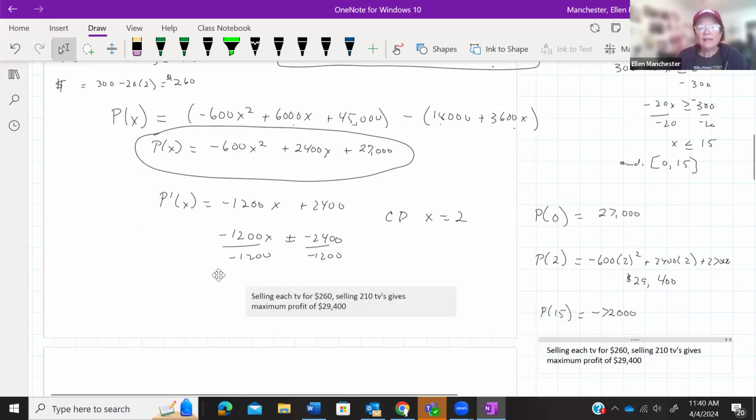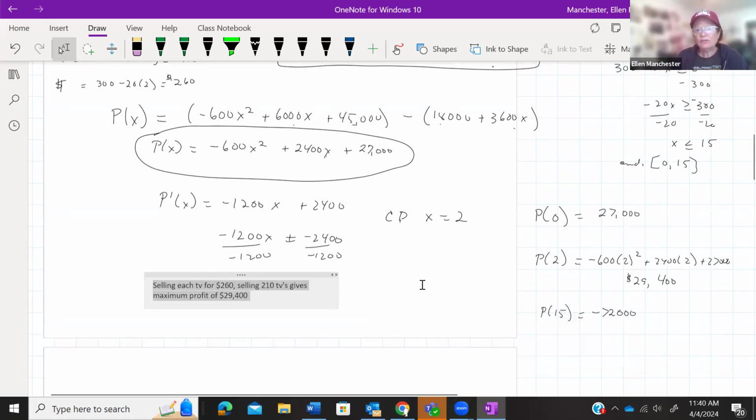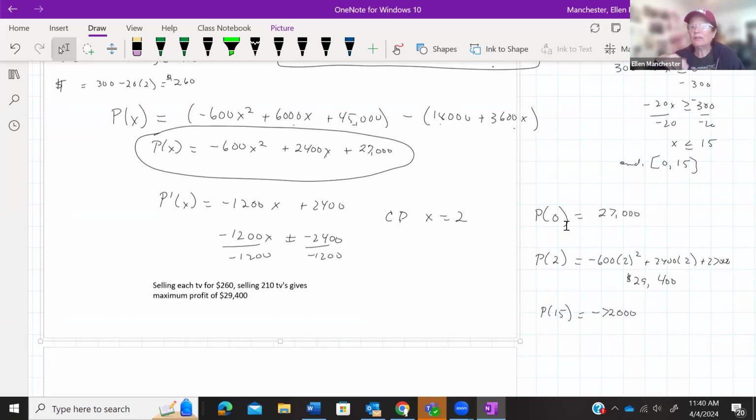Okay, so again, not making any changes, you still get a profit, right? That's what that 0 means. You still get a profit not making any changes, but making just 2 changes, dropping your price, actually allows you to sell more TVs, which gives you more profit.